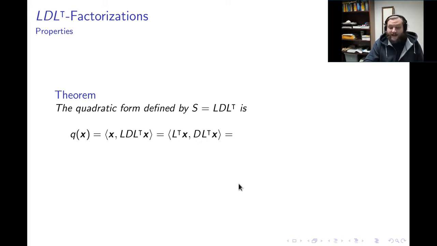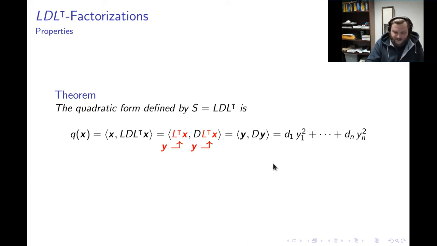So now I can change variables, much like we did when we completed the square using the spectral theorem, except this is a totally different factorization. If I set y equal to L transpose x, I'm now looking at the inner product of y with D times y. And the nice thing about this expression is that I can now write this as a linear combination of squares, where the coefficients are the diagonal entries of D, and the squares are the coordinates of y, which is L transpose times x.